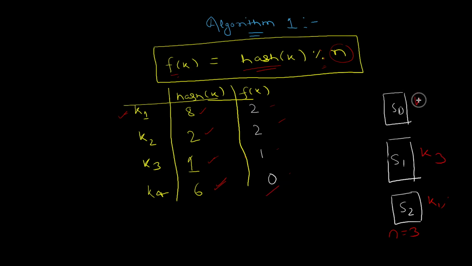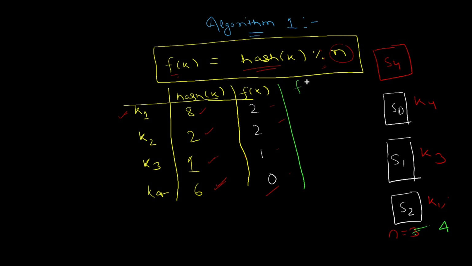Now, do you see a problem? Suppose a new node gets added, because we are building a scalable system, which can grow and shrink as needed. If a new node is added, let's say S3, n changes to 4. So n is no longer 3, it's 4, and we need to do this whole computation again.